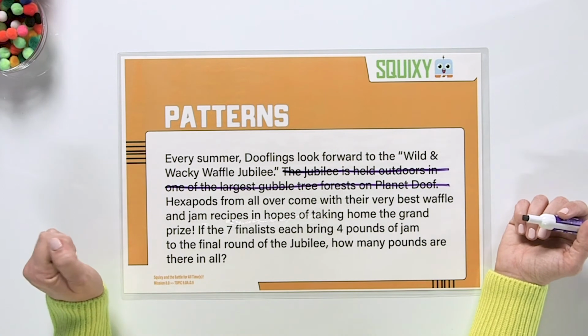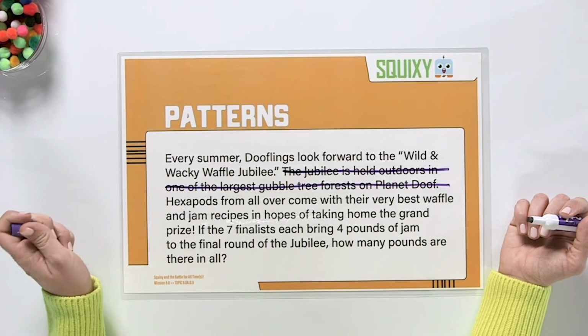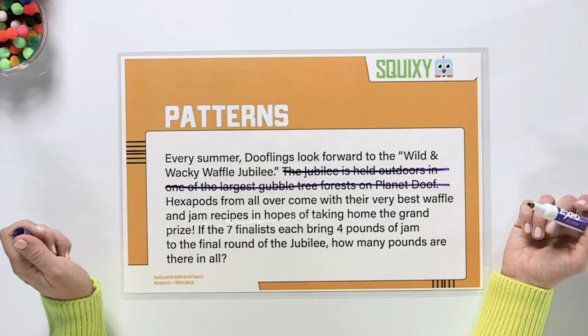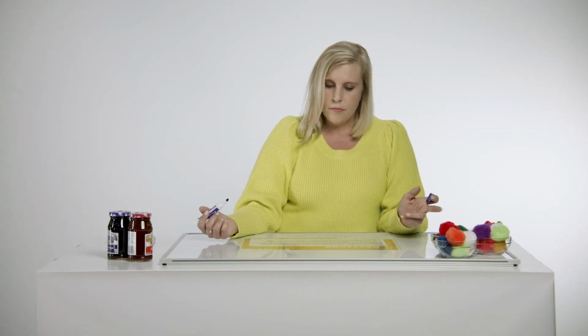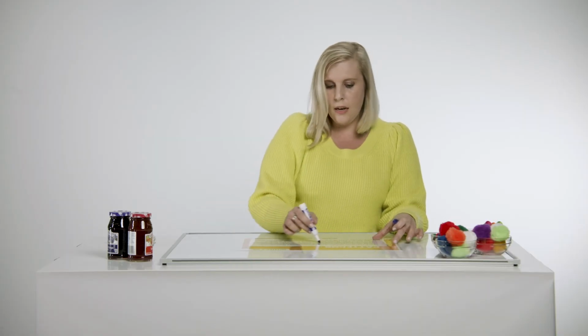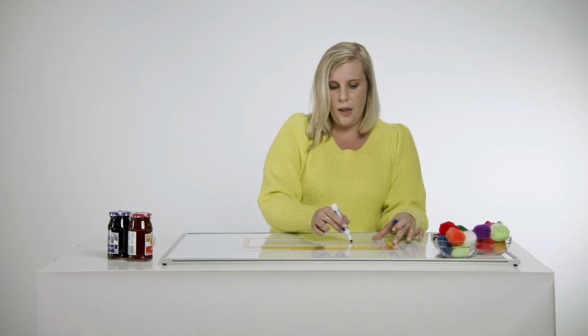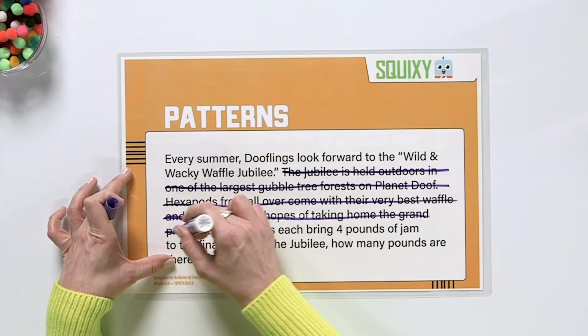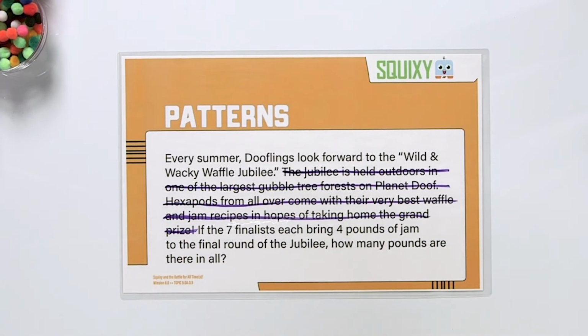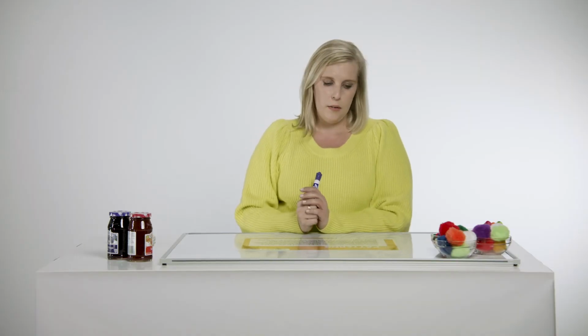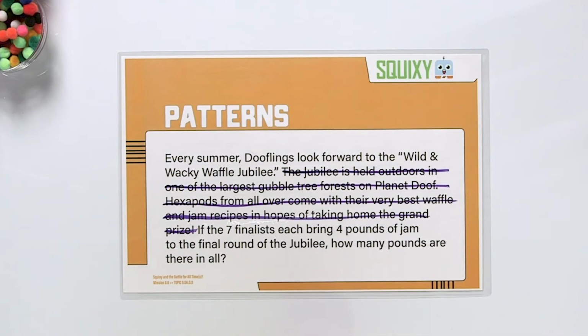Hexapods from all over come with their very best waffle and jam recipes in hopes of taking home the grand prize. I don't really need that in order to answer the question at the end. Now that I've eliminated 2 sentences, I can focus on what the question is asking, which is, if the 7 finalists each bring 4 pounds of jam to the final round, how many pounds are there in all?